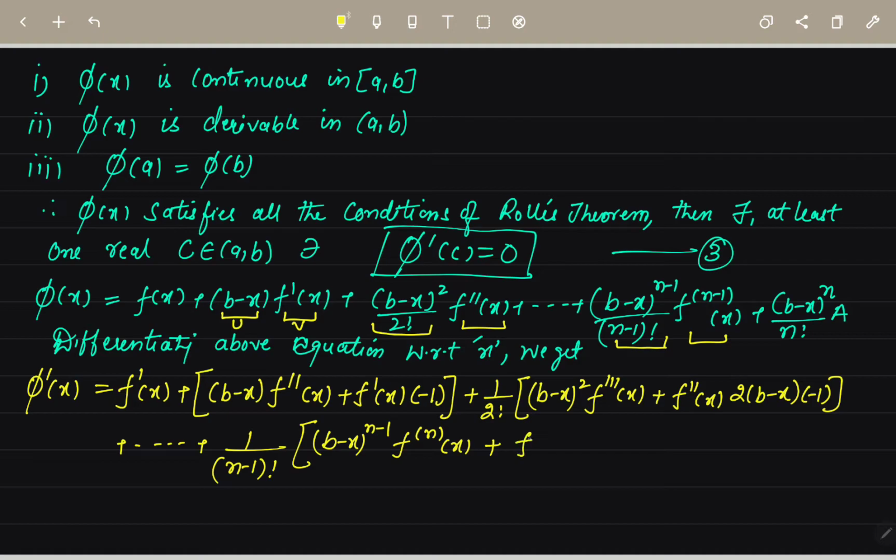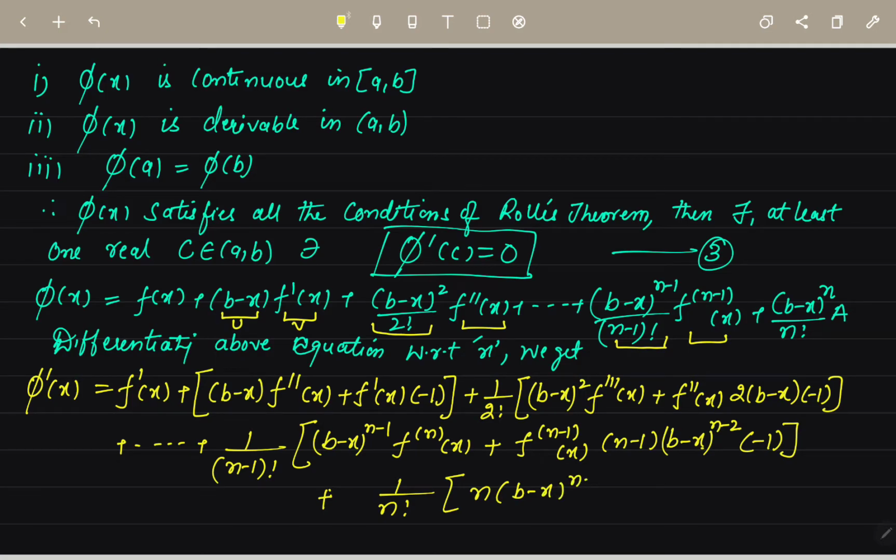Similarly, second term, that is f n minus 1 x, into differentiation of first term, which becomes n minus 1 into (b minus x) raised to power n minus 2, and the derivative of minus x is minus 1. Similarly, the last term, taking n factorial common, is n into (b minus x) raised to power n minus 1 into a. So this is the differentiation of this term.